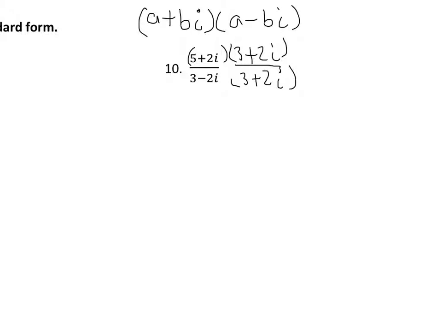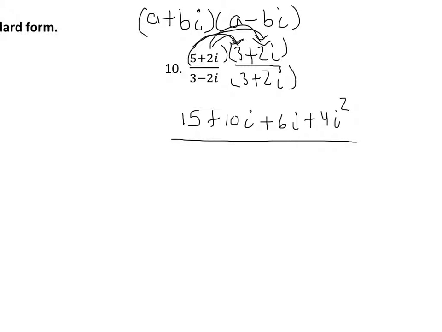So multiply the top out: 15 plus 10i plus 6i plus 4i squared. Now watch what happens on the bottom here. You get 9 plus 6i minus 6i minus 4i squared. The middle always cancels, so you really only need to multiply the first two and the last two for the denominator.